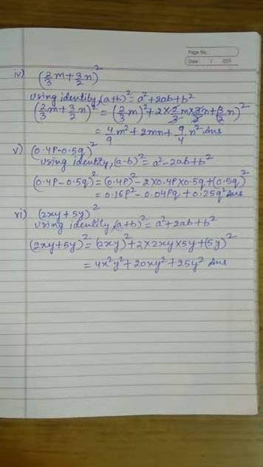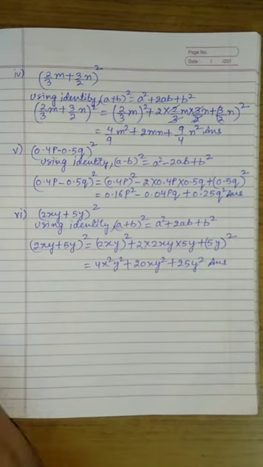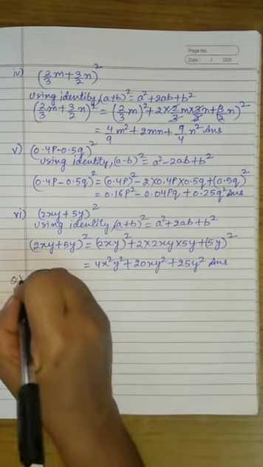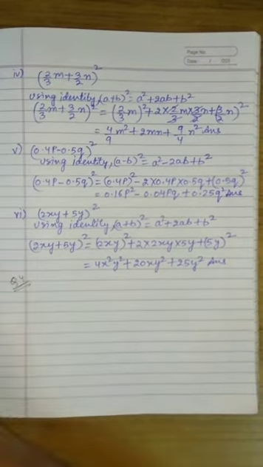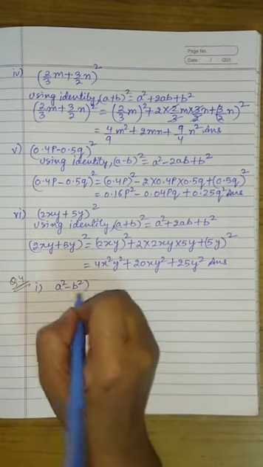Now we are moving to the fourth question of this exercise, in which we have to simplify the given binomials. The first part is (a² − b²)².